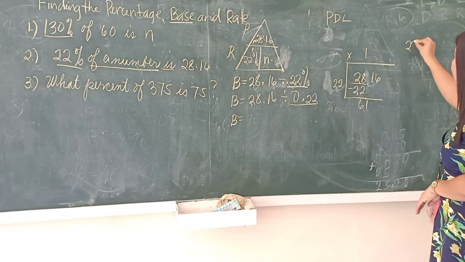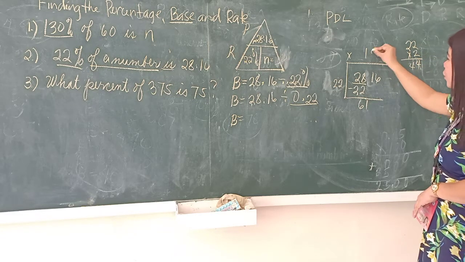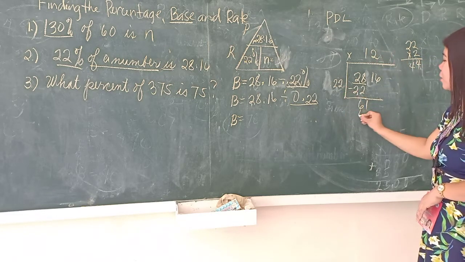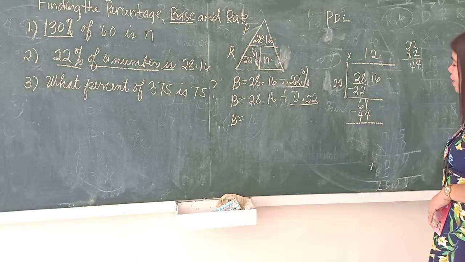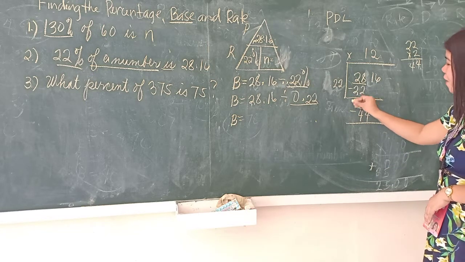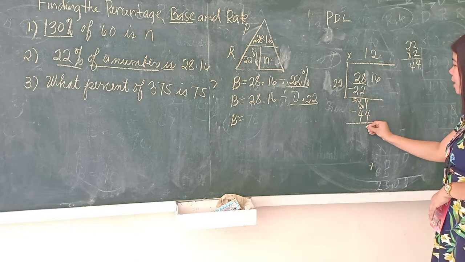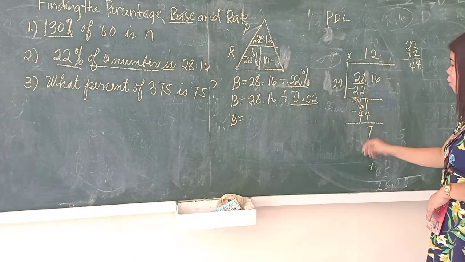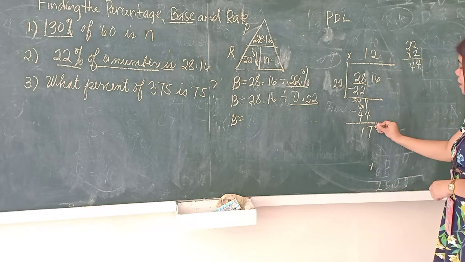So 2. 22 times 2, you got 44. May mo na siya 11. May mo na siya 5. Kaya borrow siya da. So 11 minus 4 is 7. 5 minus 4 is 1. Correct? Then bring down 6.